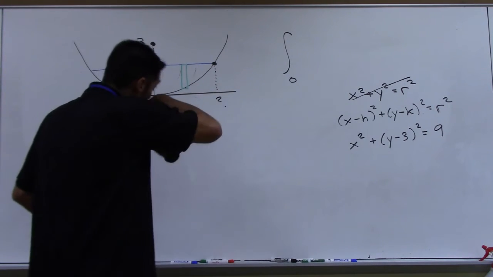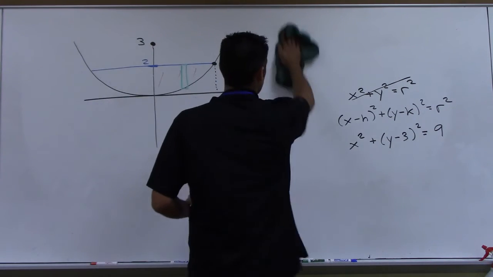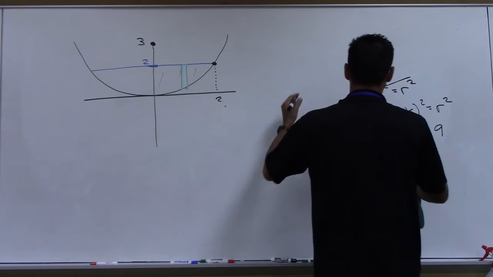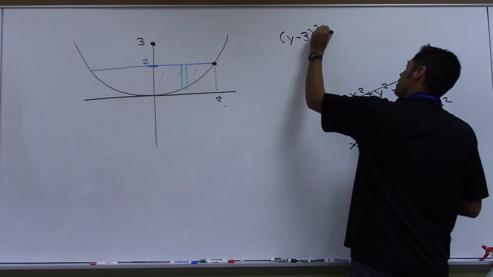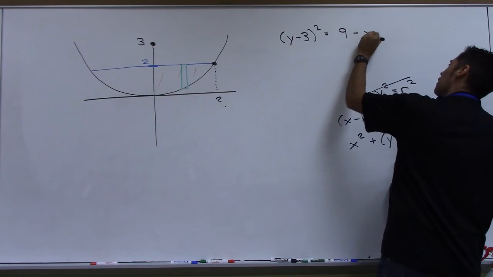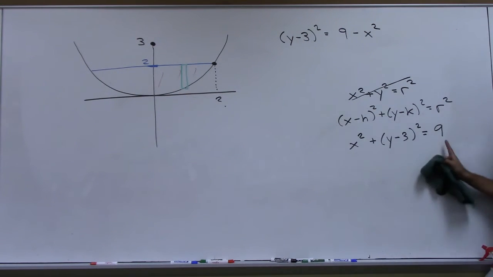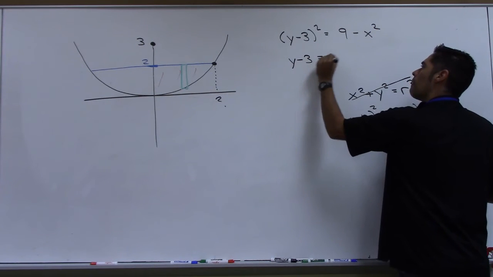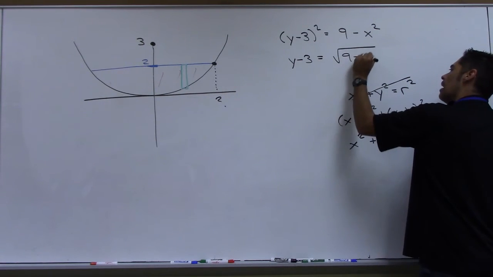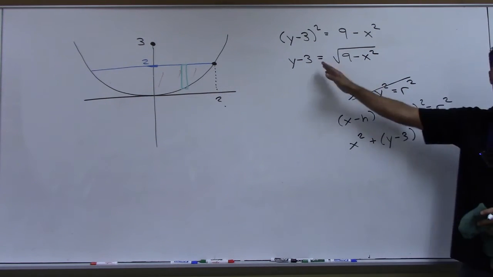Running out of room here. So if I'm trying to get this in terms of a function of x and solve for y, how about we move the x squared to the other side? Right? And then what? Square root on both sides? Now I'm supposed to do plus or minus, aren't I?